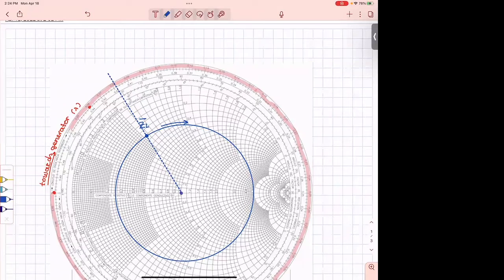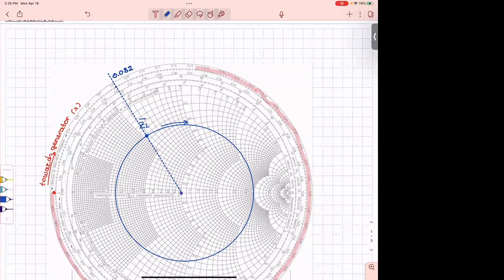I will remove this now for a moment. If I read carefully, this is 0.06, 0.07, therefore this is 0.08, and therefore this point here is 0.082. That's the point here.